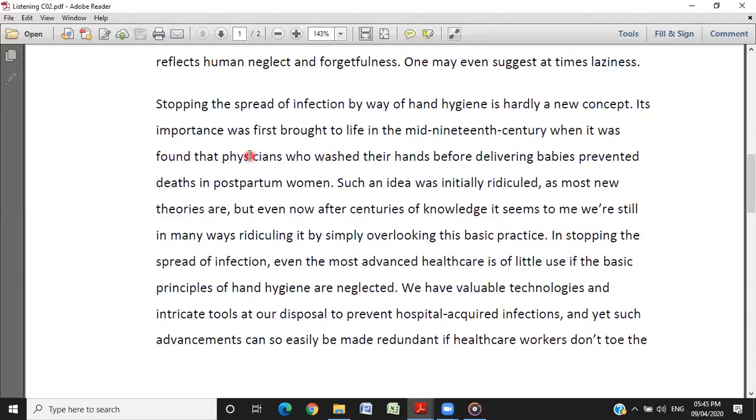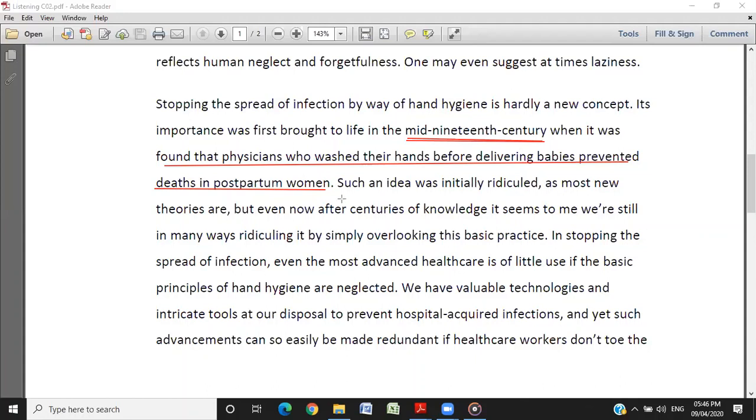She just used one sentence where she said that some physicians who washed their hands could reduce the deaths in postpartum women. But that was something she was explaining about the mid 19th century. And then she did not say that however the other areas neglected it.